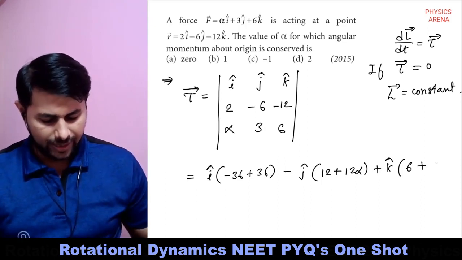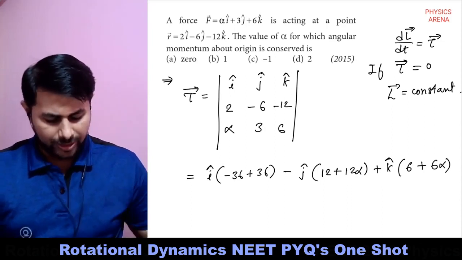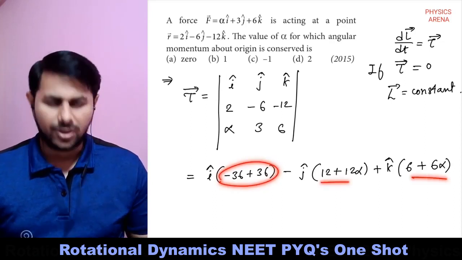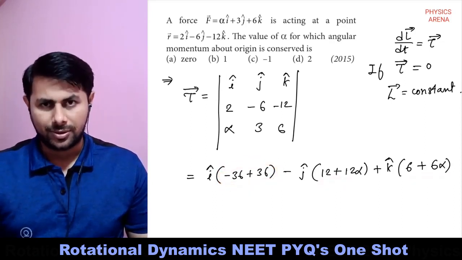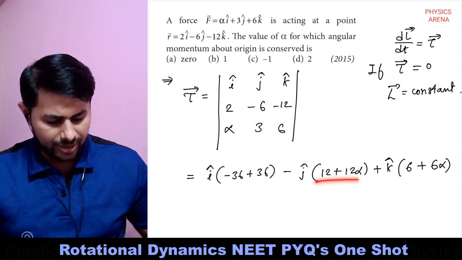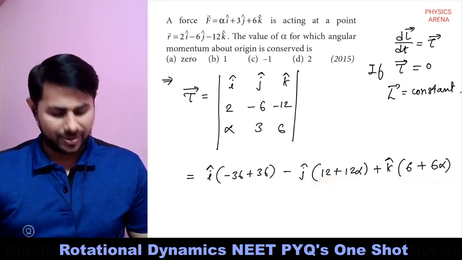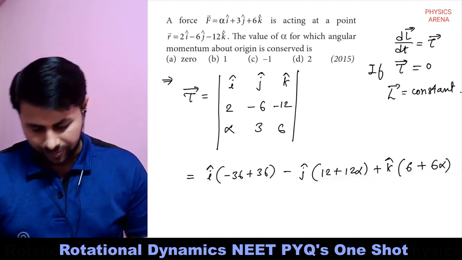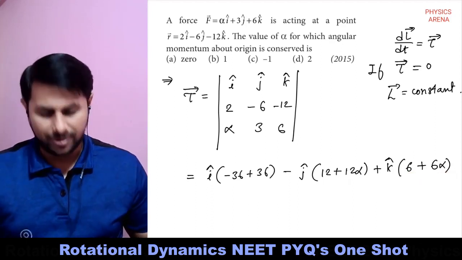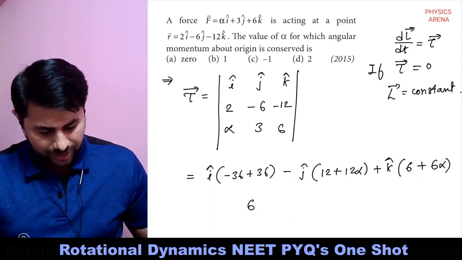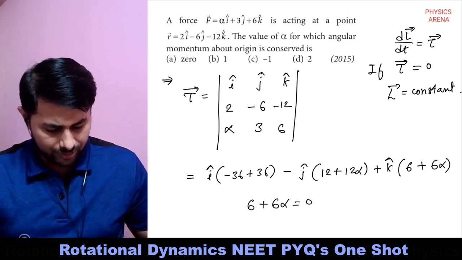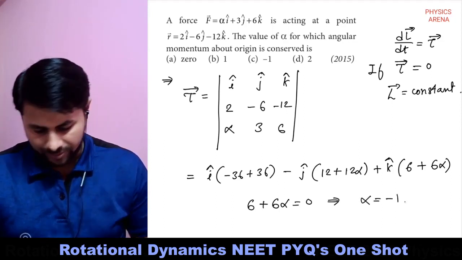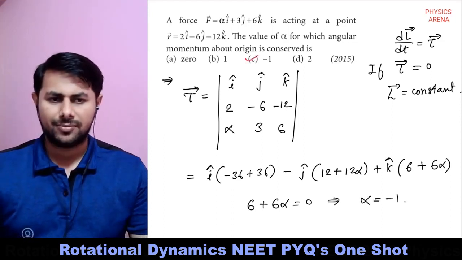For conservation of angular momentum, this should be equal to 0. So all the components of this torque vector should be equal to 0, right? So you can pick the component involving alpha. So 12 plus 12 alpha is equal to 0, or you can say 6 plus 6 alpha is 0. That means 6 alpha is minus 6, so alpha equals minus 1. This is the answer, option C.